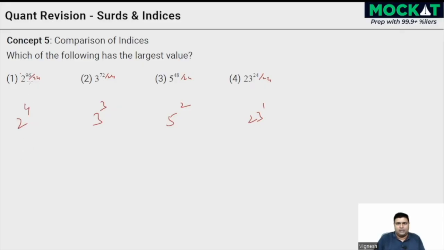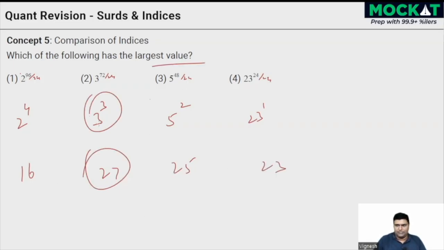I'm dividing each of the powers by 24. Now it's an easier set of numbers for me to work with: 16, 27, 25, and 23. The question is which has the largest value? 27 is the largest here. Option 2 becomes the answer.